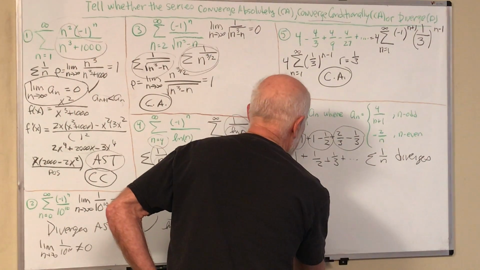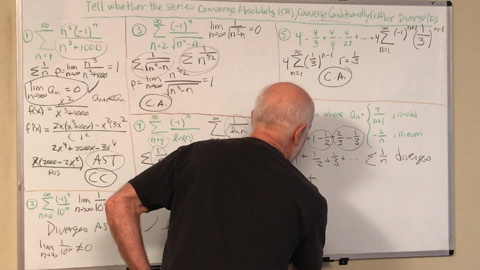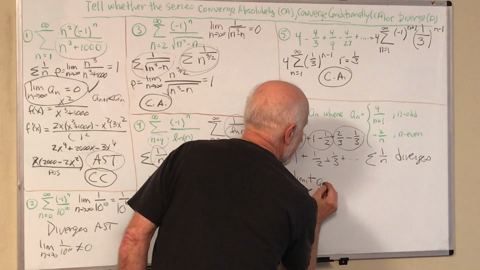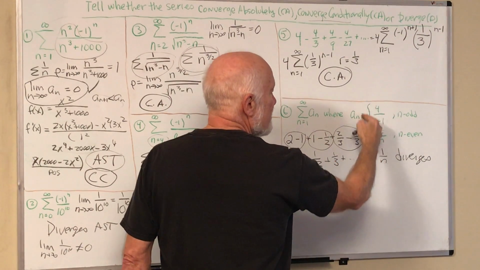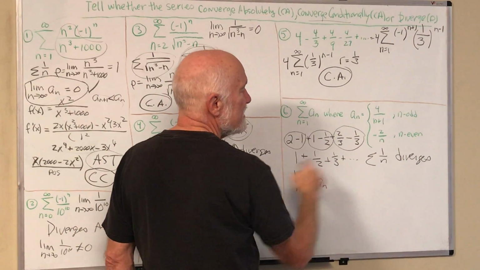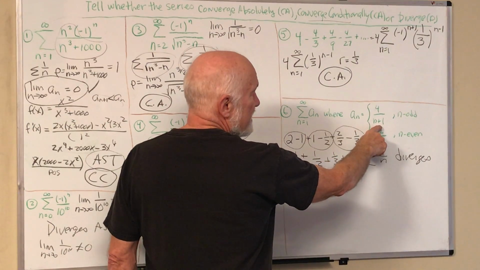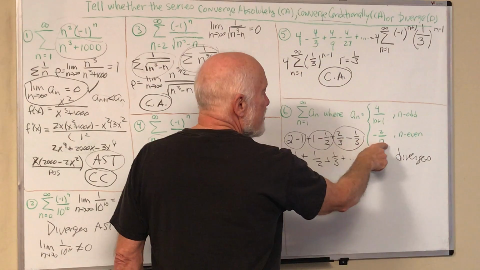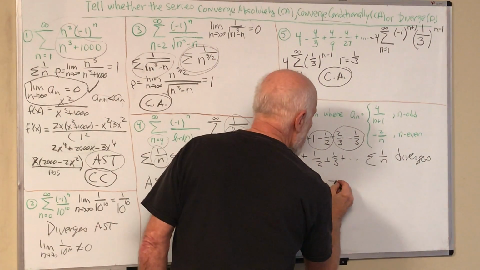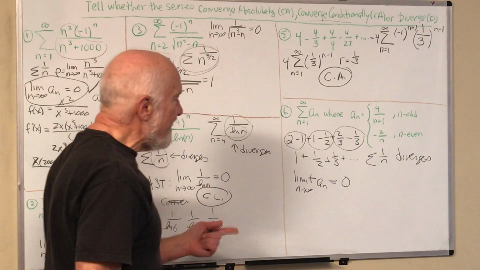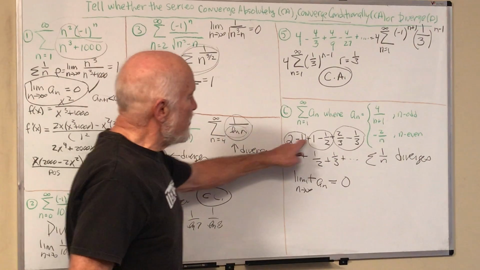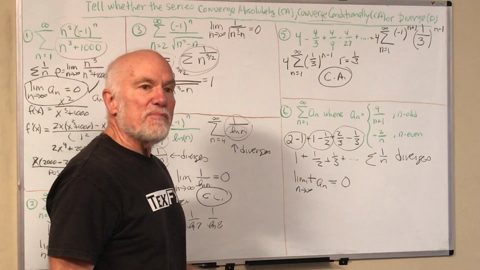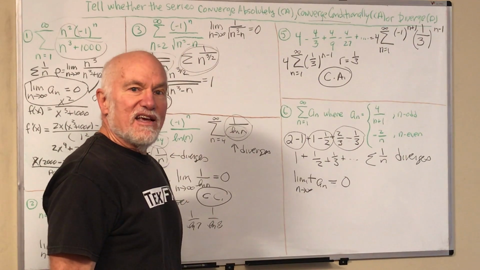If we take the limit as n approaches infinity of a sub n, in this case, it goes to 0. 4 over something getting really big goes to 0, and the same thing here. So both of these terms do go to 0. So it passes. You have an alternating series that passes this test, yet it ends up not converging.